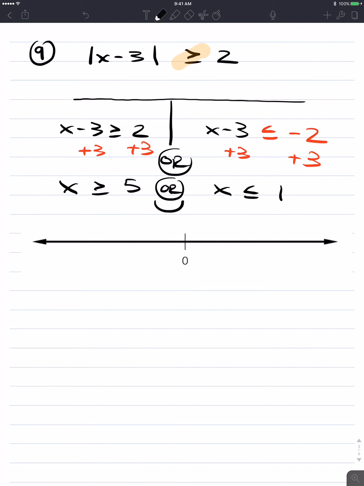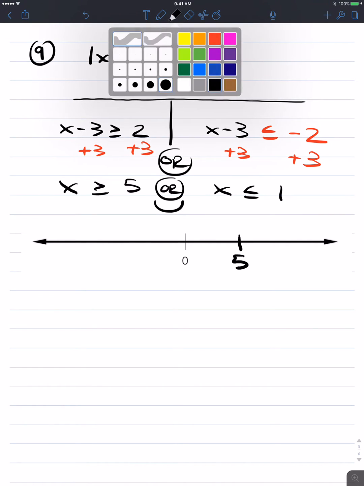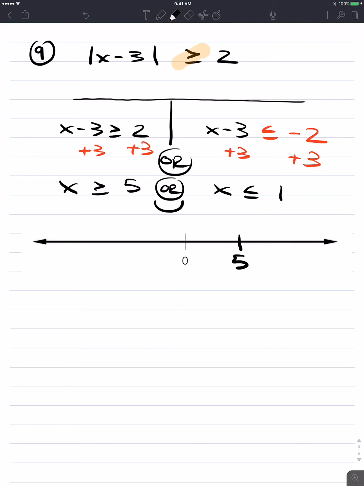We're going to describe numbers that are greater than or equal to 5. Numbers greater than or equal to 5, we should begin by saying numbers greater than 5 are to the right of 5. This is what we shade. Our square bracket indicates that we include the 5.